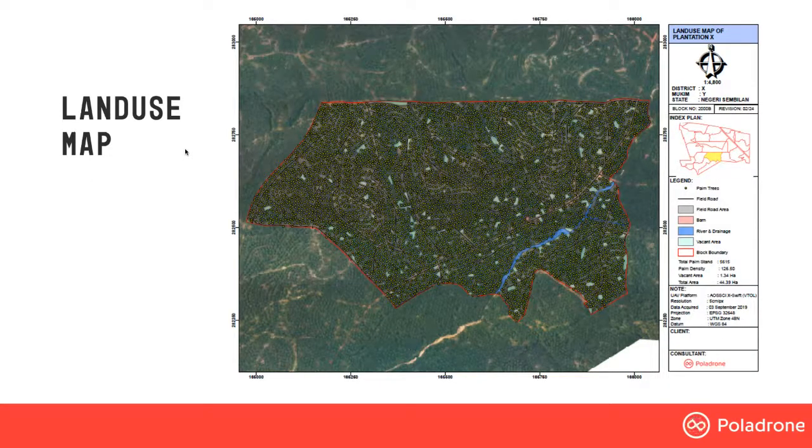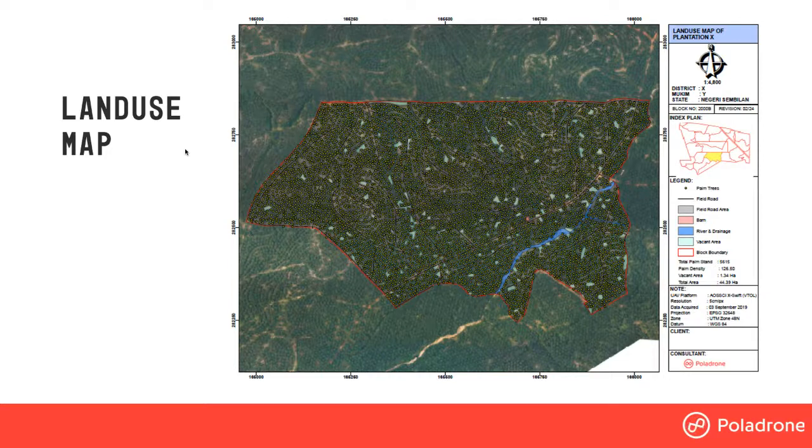In the picture, you can see that we did tree counting for our client. This tree counting is very important for all the oil palm players because they want to know how many oil palms are planted in the area, what the area can produce, what the productivity is, or they can use the palm oil quantity to do calculations.